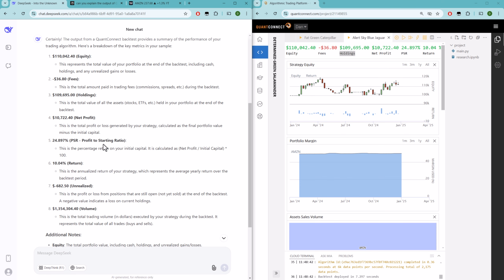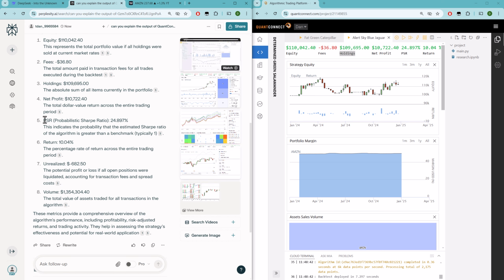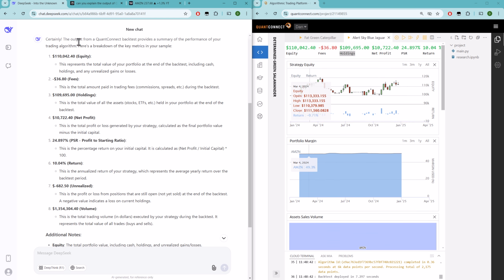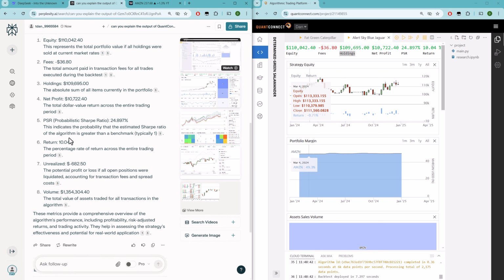And here it says profit to starting ratio. Why do DeepSeek and Perplexity have different results? Okay, curious which one of them is the correct one. I'll come back to that.